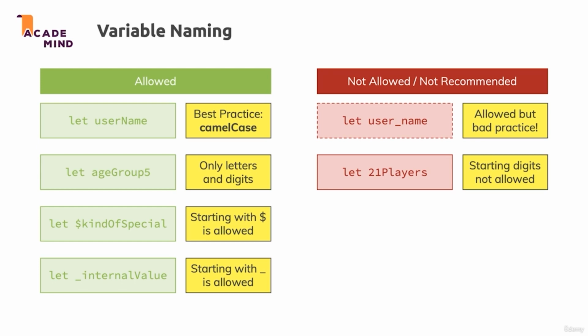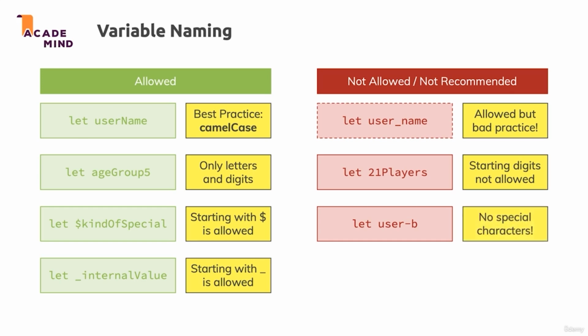Now, there also are special rules when it comes to special characters. You can use $ sign and underscore at the beginning of your variable or anywhere in your variable, but you must not use other special characters, neither at the beginning of your variable nor anywhere else. So dashes or white space is not allowed. The underscore is allowed, as mentioned on the left, but other special characters are not allowed no matter where you plan on using them.